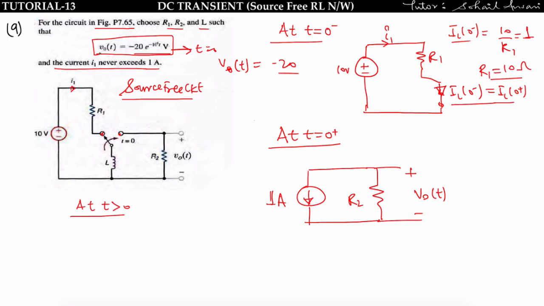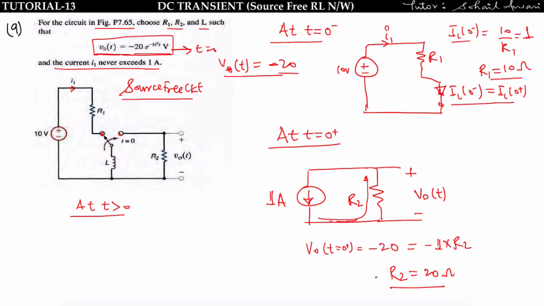Now see this equation, if I put t equal to 0 here, I will get V0 of 0 plus is nothing but minus 20. Now if I find the voltage across R2, I will get minus 1 ampere current multiplied by R2, hence R2 is equal to 20 ohm. Got it? So we found R2 is equal to 20 ohm, R1 is equal to 10 ohm.